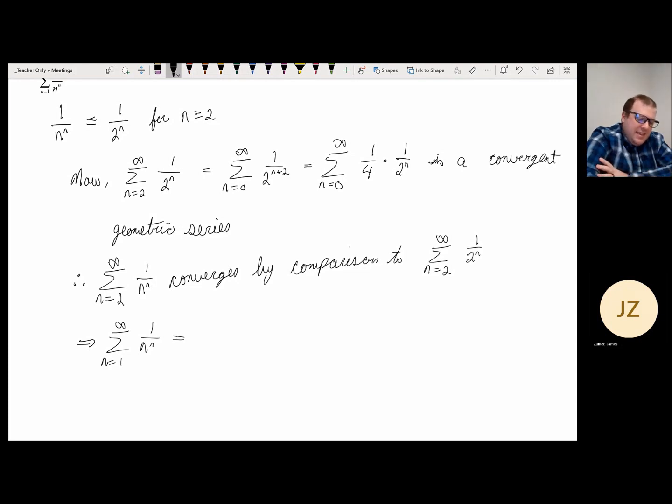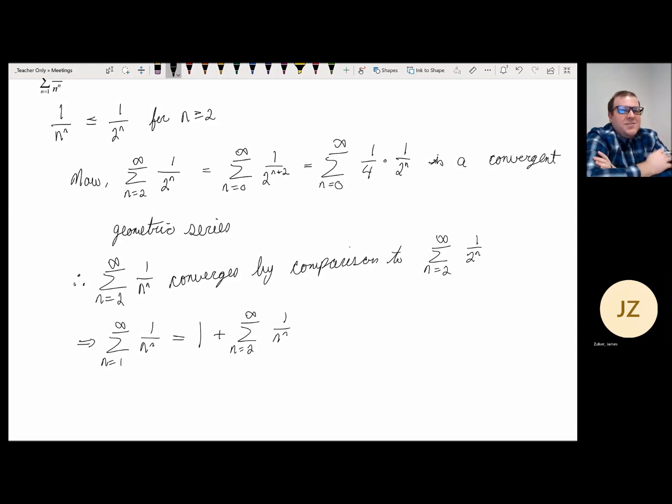But can't we write this as 1 plus? Can you just say that you can remove any finite number of terms? This is verifying it for this, in the actual test itself doesn't state that. Well, not that test, but we still know that.